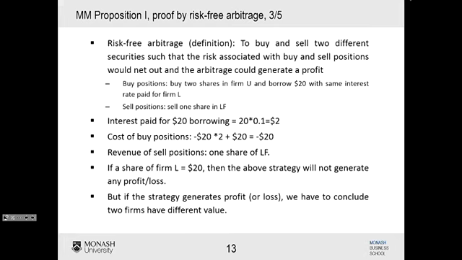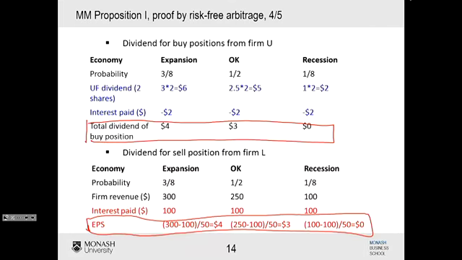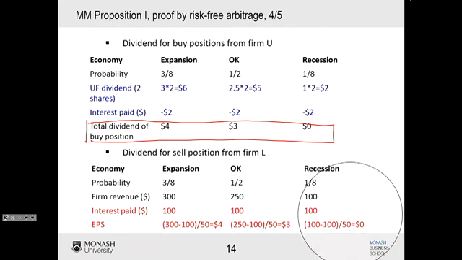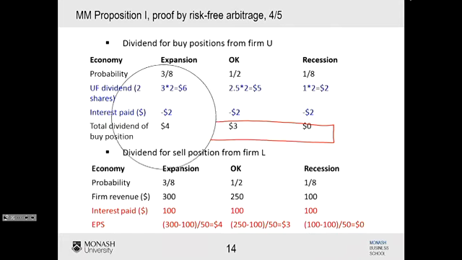And that $20 is going to finance 1 share of purchase of the unlevered firm. Yes, that's right. When do you pay this one? You borrow $20.